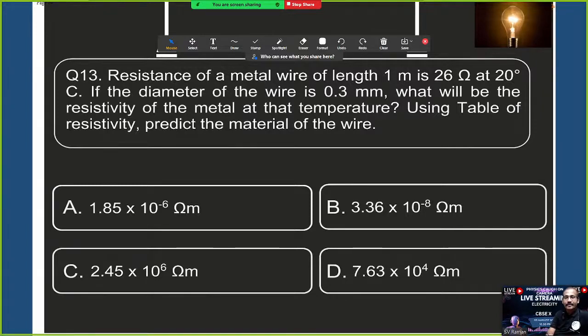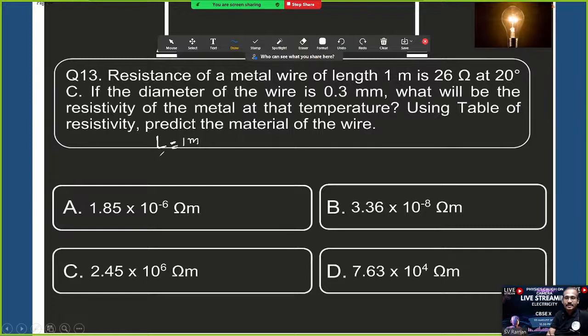The resistance of a metal wire of length L is equal to 1 meter. Yes, the rho formula. L is equal to 1 meter, but there is a small tactic over here. Yes, you identified the formula very rightly, and there is some logic to solve the answer. Length is 1 meter.